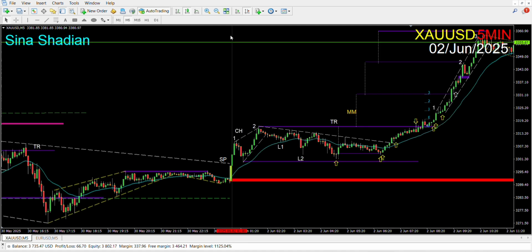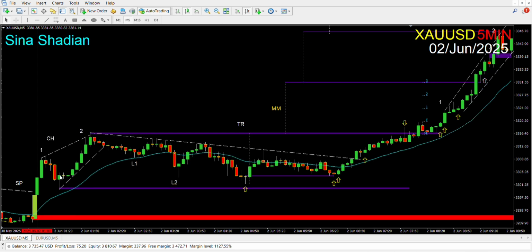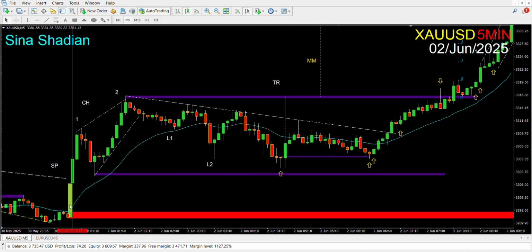Thank you so much. So in the beginning of the day, which is also the beginning of the week, market opened up with a gap up depending on your broker, and this candle, the first candle, the second and the third, and then market entered into a channel after this spike.